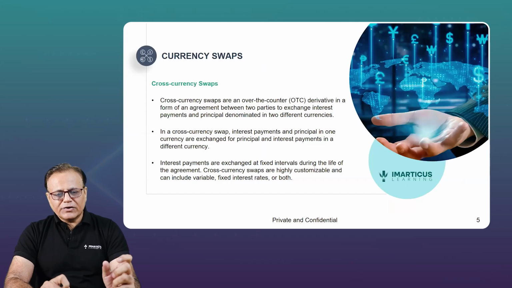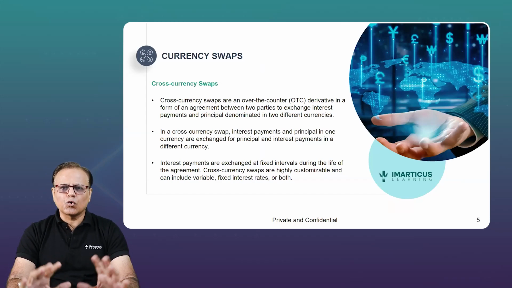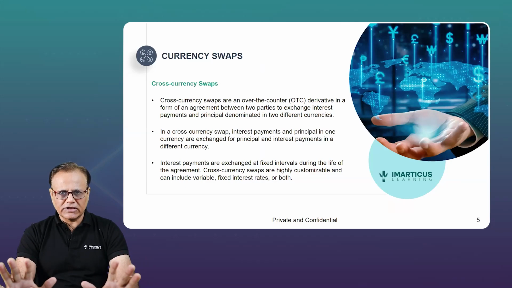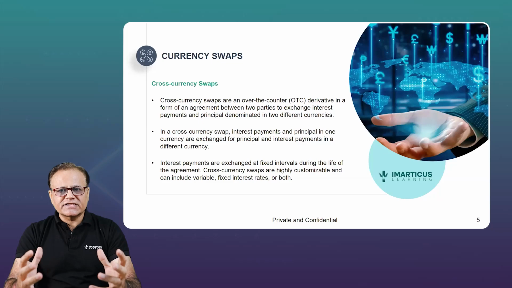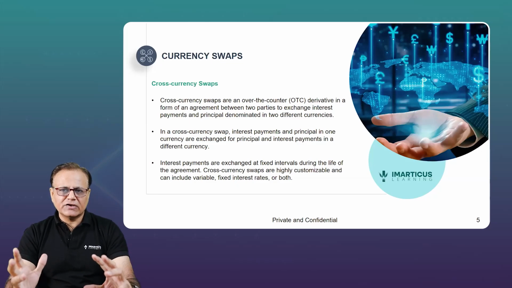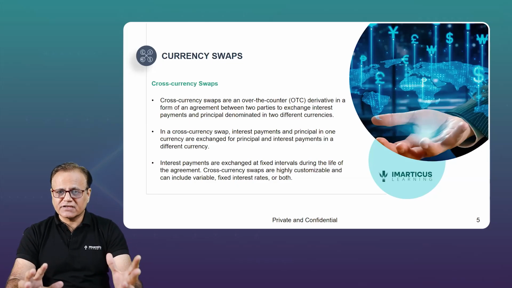Now, when you talk about cross-currency swaps, as I said earlier, these are OTC contracts. OTC, over the counter. OTC means non-standard customizable contracts between two counterparties, each having their own requirements, terms and conditions, and when they come together, they agree on terms and conditions and they create a contract.